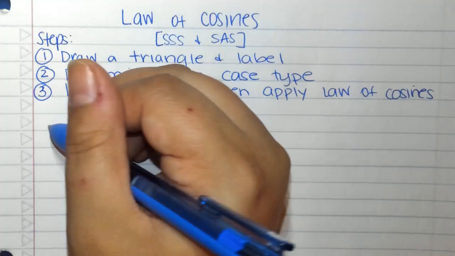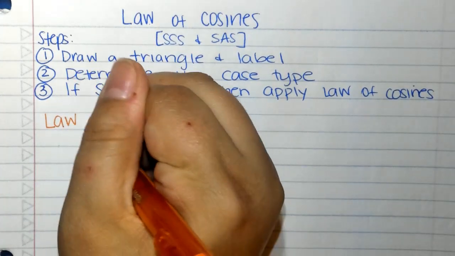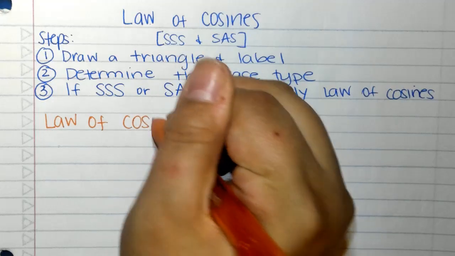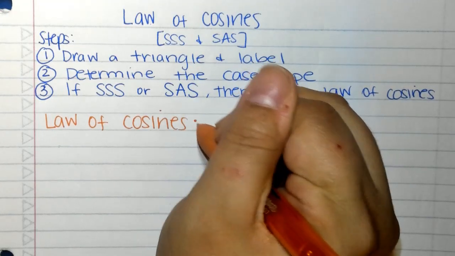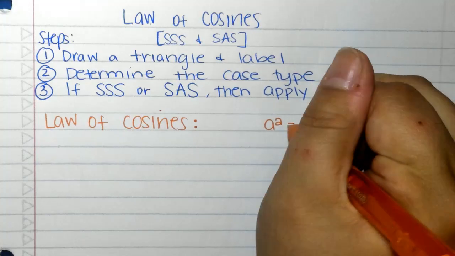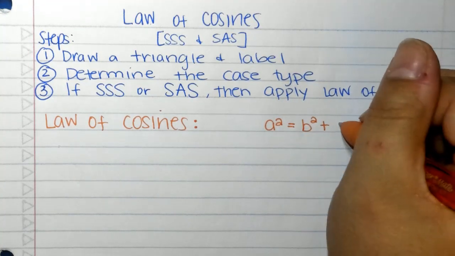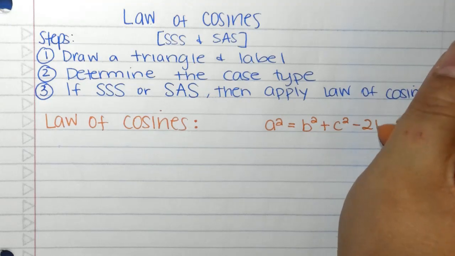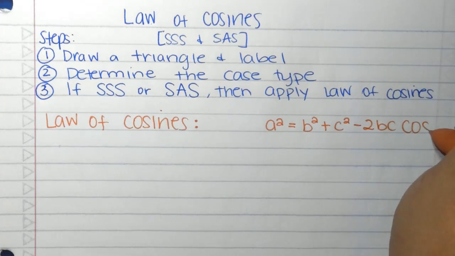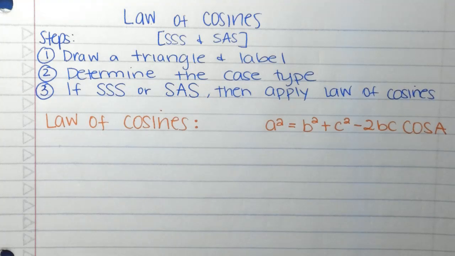So what is law of cosines? Law of cosines is a squared equals, and you will need to memorize this, ladies and gentlemen. A squared equals b squared plus c squared minus 2bc cosine of A.